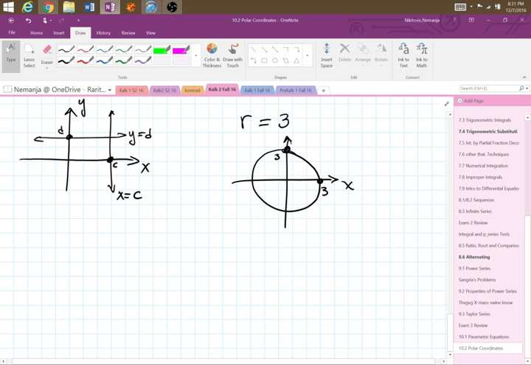And then we have another one, theta. Let's say theta equals pi over 3. What would that be? Every possible radius, positive and negative, at pi over 3. What would that be? Straight line through the origin through pi over 3.